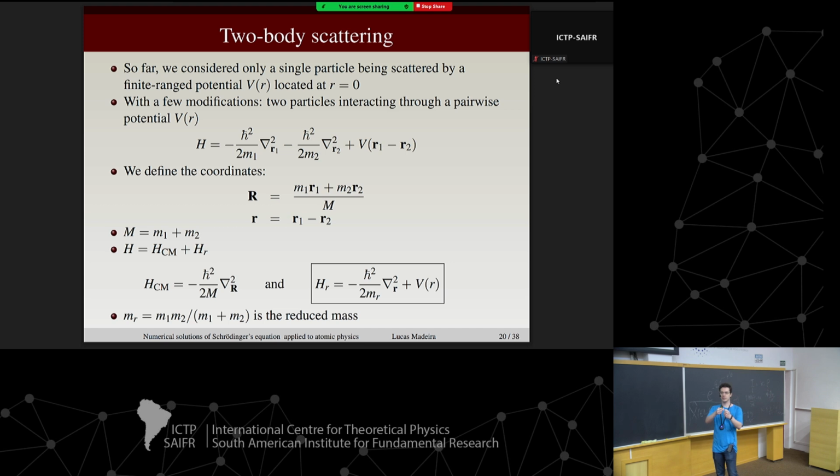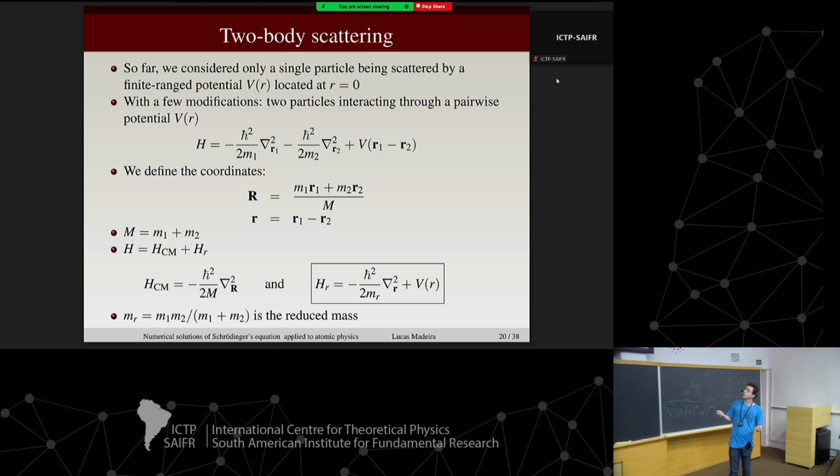Either they're going to scatter and each goes their own way, that would be a positive energy, or they're going to form a bound state, that's going to be a negative energy. So this is the physical situation that I'm more interested in than just one particle, okay? And with just one modification, we can use all the results we derived from this theory and apply it to this two-body system, okay?